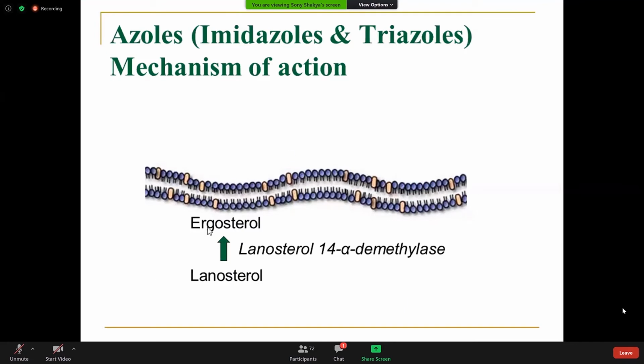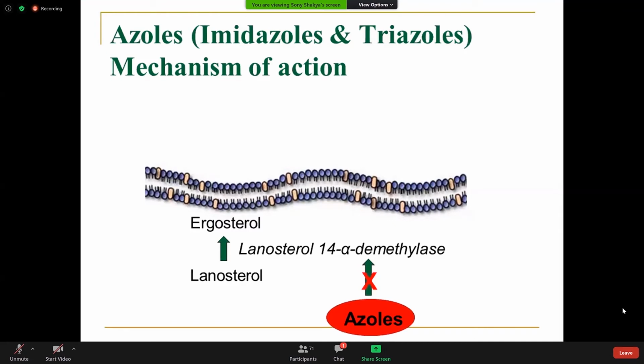For azoles, we just need this step. Ergosterol, a very important component found abundantly in the fungal cell membrane, is synthesized from lanosterol with the help of lanosterol 14-alpha demethylase. So azoles inhibit this enzyme, lanosterol 14-alpha demethylase.